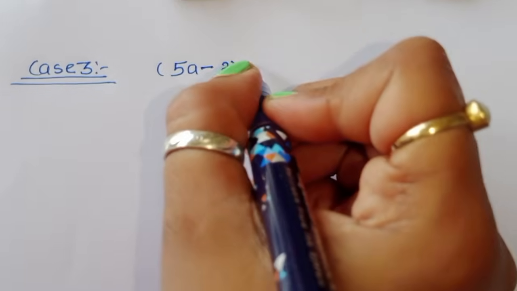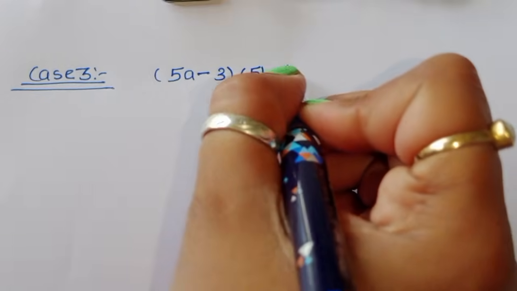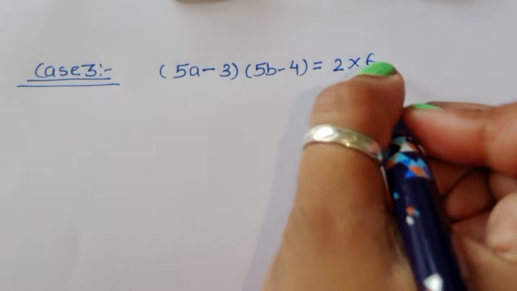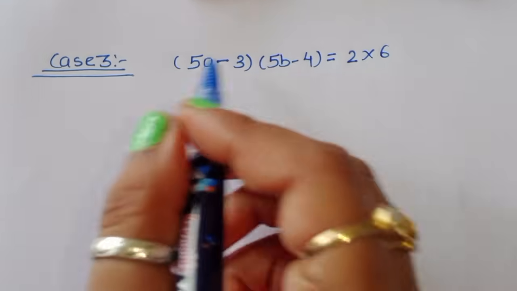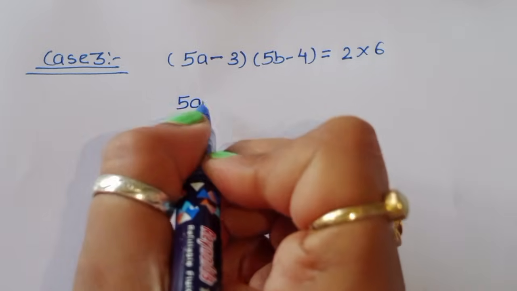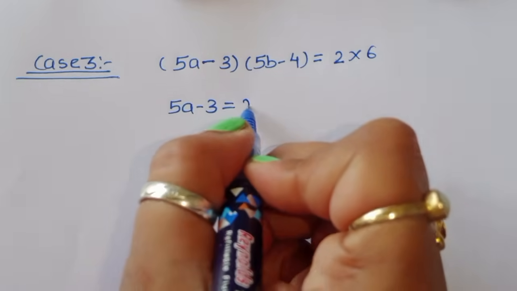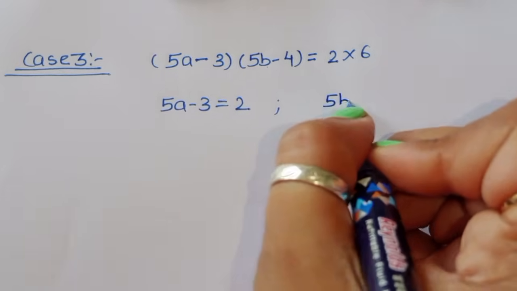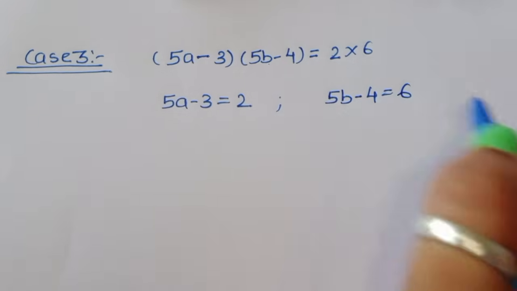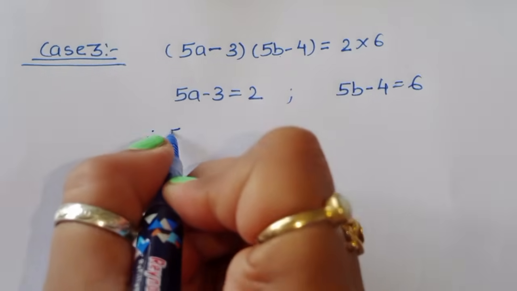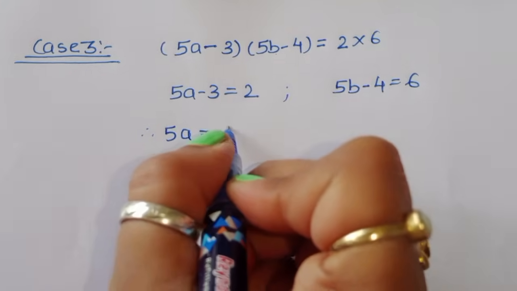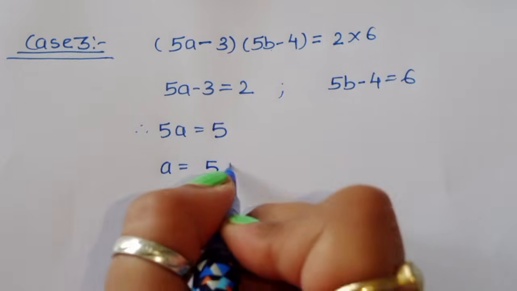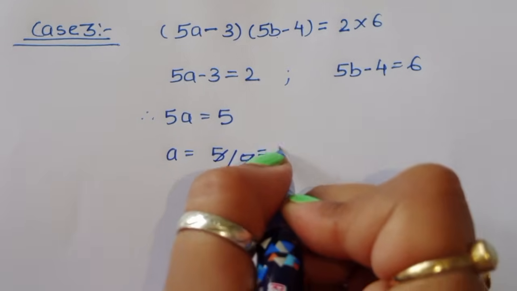Case 3: (5a minus 3) times (5b minus 4) is equal to 2 times 6. So comparing LHS and RHS, we will get here 5a minus 3 is equal to 2 and 5b minus 4 equal to 6. Therefore 5a equal to 2 plus 3, 5a equal to 5. 5 divided by 5 is equal to 1.